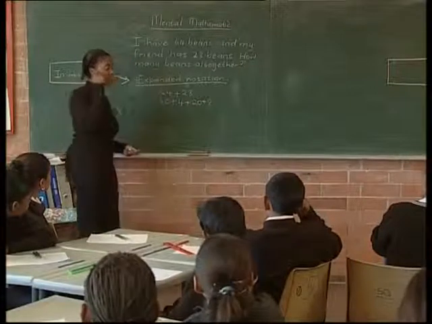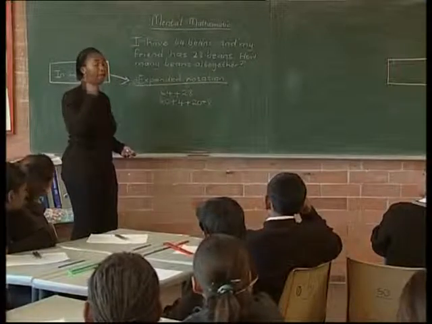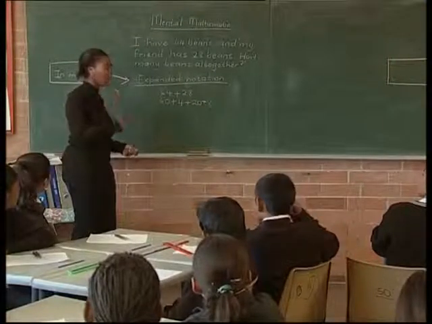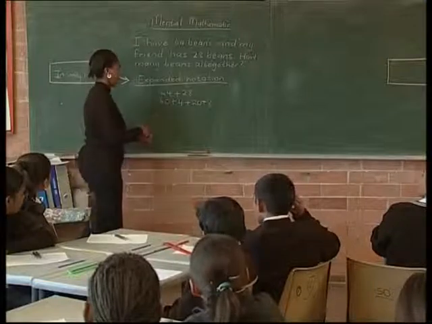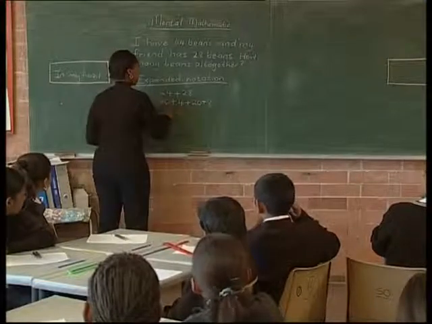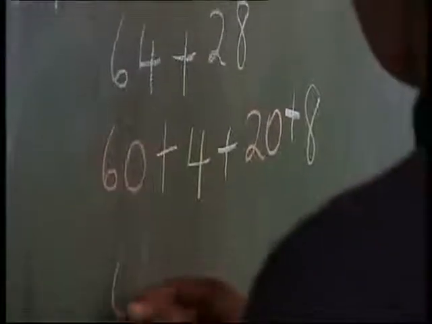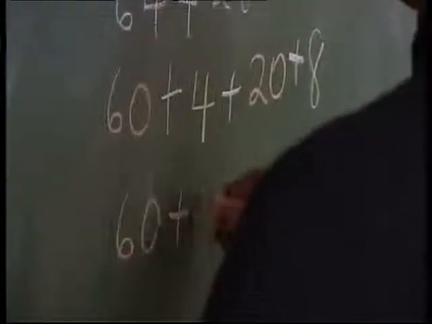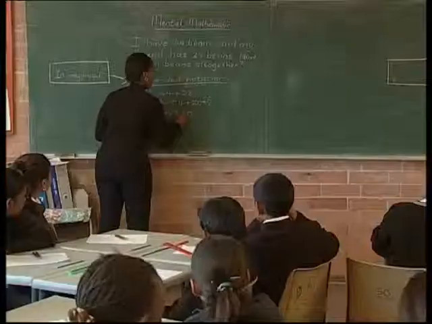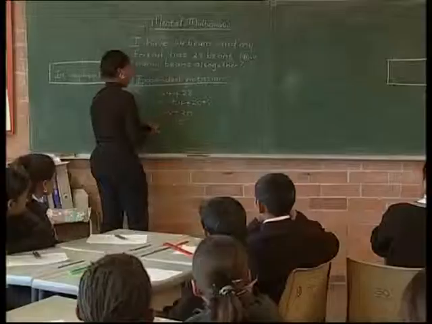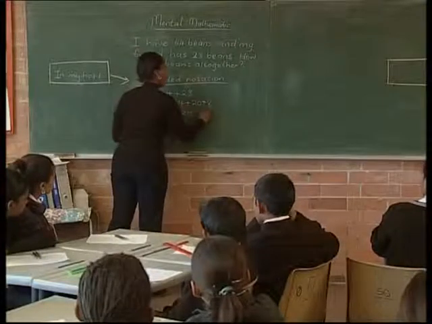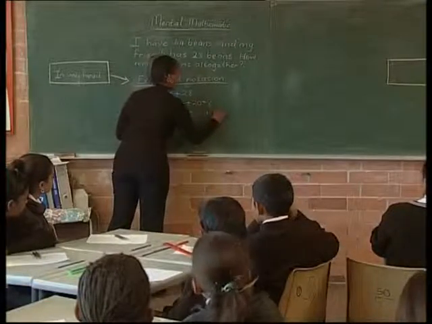So now in my head, I have to add the tens together and the units together. So I will say 60 plus 20. And what do I get? 80. And I have to say 4 plus 8. And what do I get? 12.